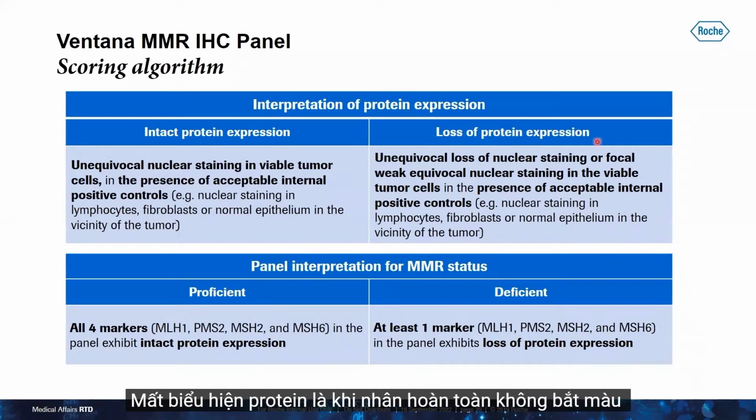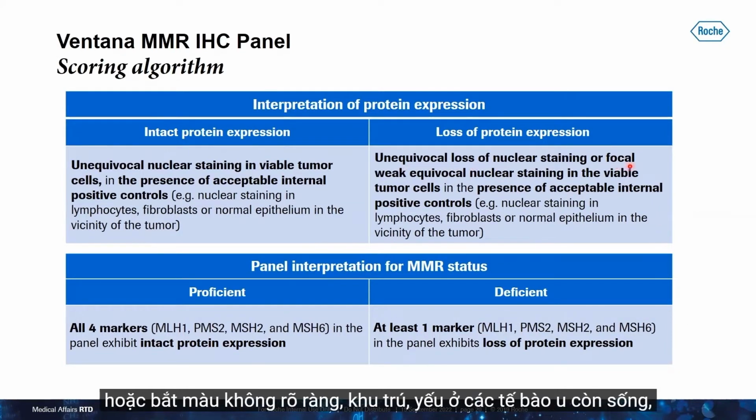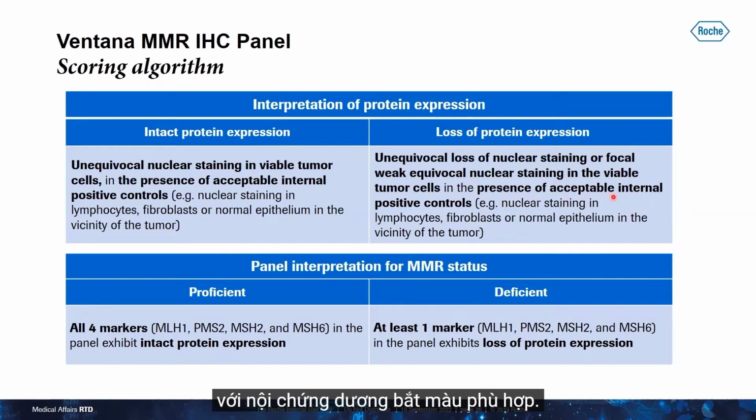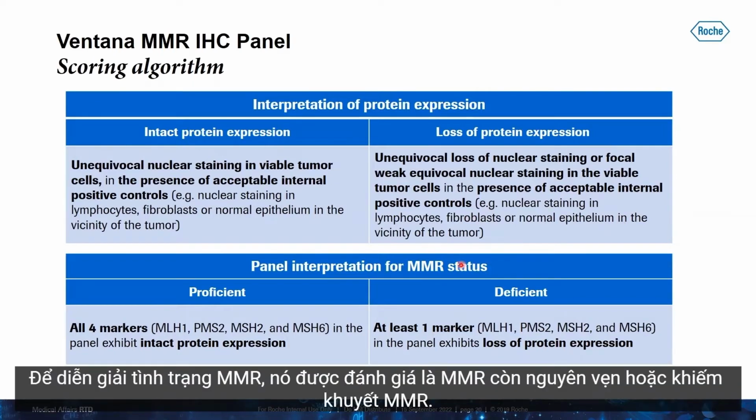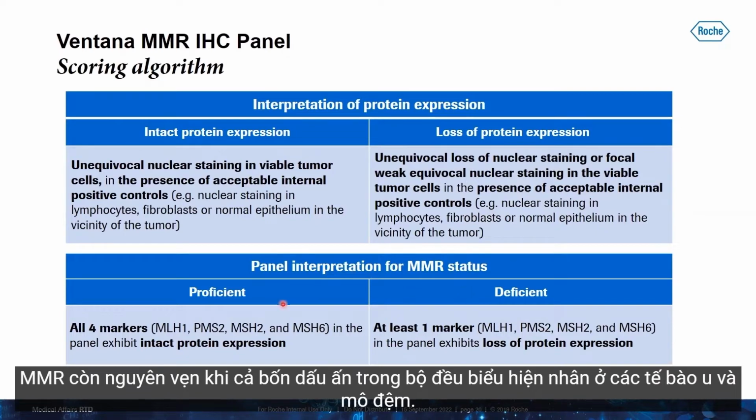Now, loss of protein expression is when there is unequivocal loss of nuclear staining or focal weak equivocal nuclear staining in the viable tumor cells in the presence of acceptable internal positive controls. Now, in interpreting MMR status, it's either called proficient MMR or deficient MMR.